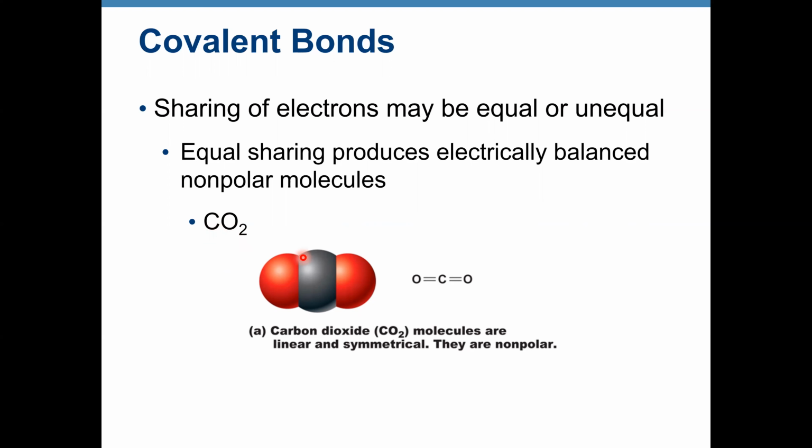And that's why they share electrons equally. This molecule is linear and symmetrical, right? And this is how it would be represented. Carbon shares over here 2 pairs of electrons, or 4 electrons, with each oxygen atom, and this molecule is non-polar.